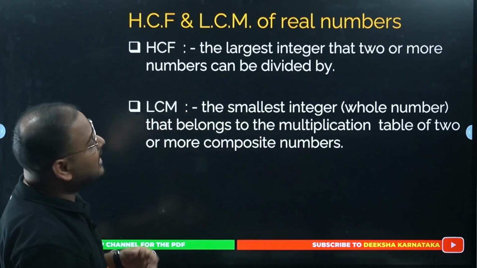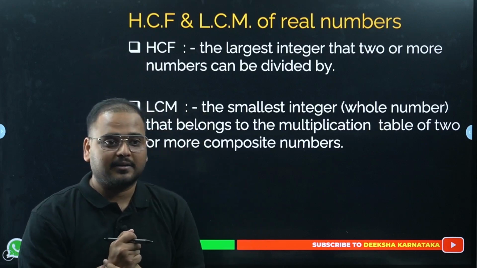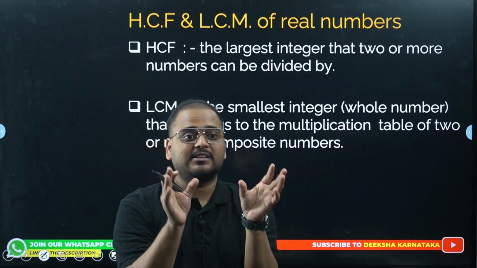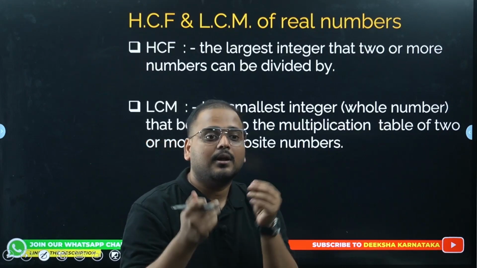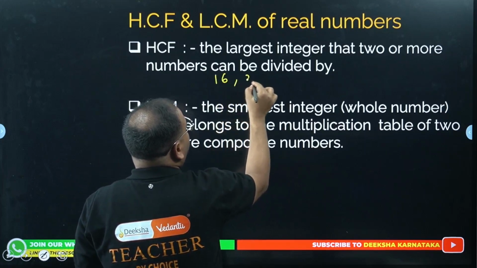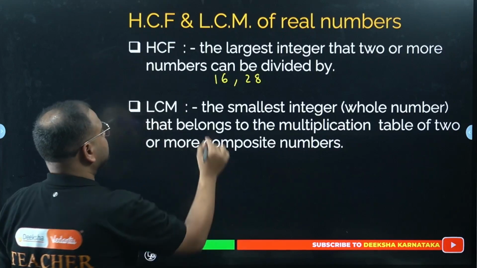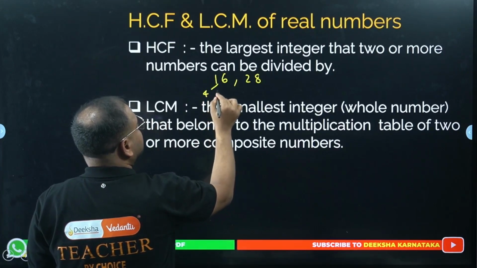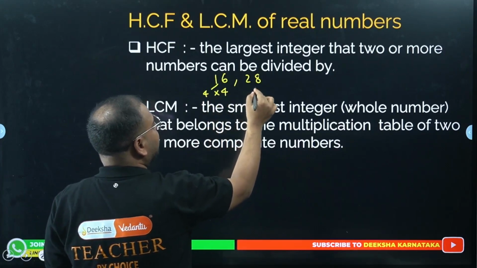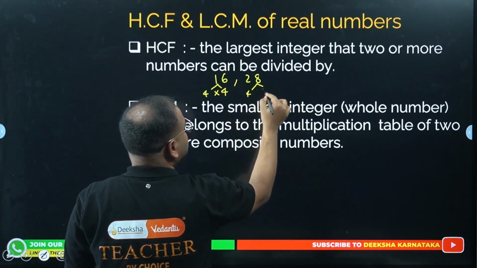HCF is the largest integer that 2 or more numbers can be divided by. It means if I have to find the HCF of 2 numbers, let's take 16 and 28. Expansion of 16? 4 times 4. For 28, 4 times 7.